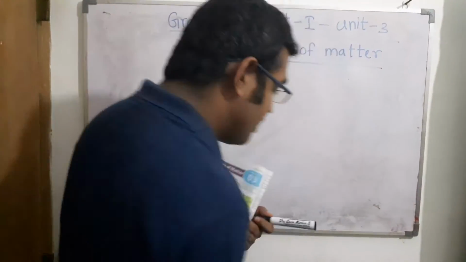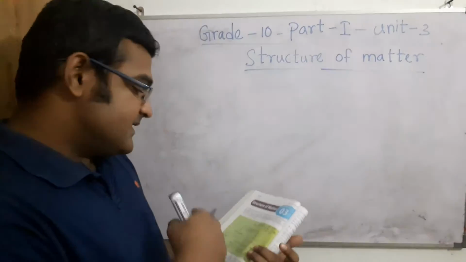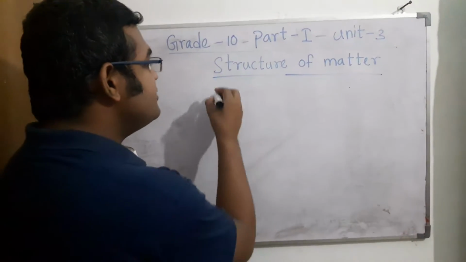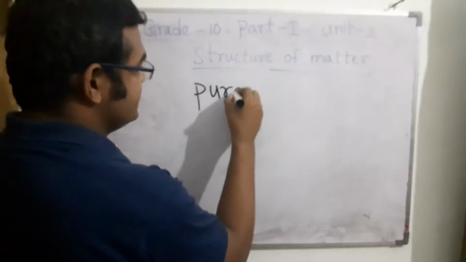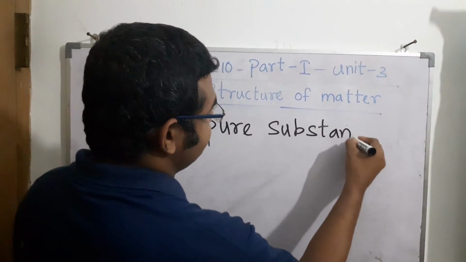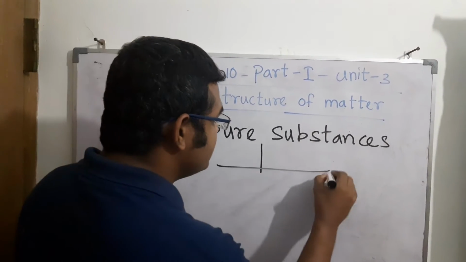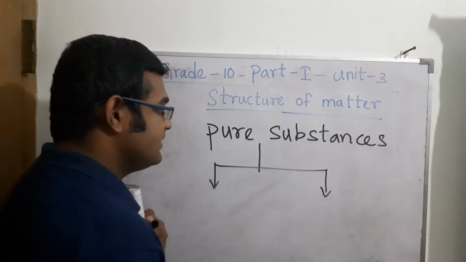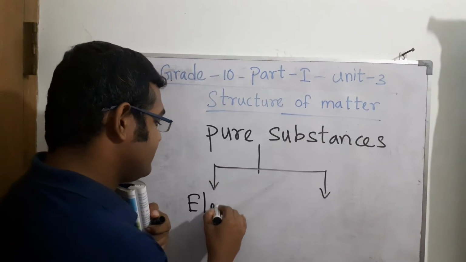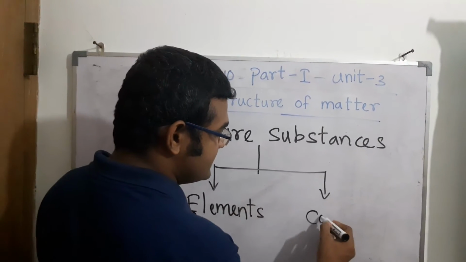Now you know, based on chemical nature, there are pure substances and mixtures. So we'll subdivide pure substances first. Pure substances can be subdivided into two categories. What are they? Elements and compounds.